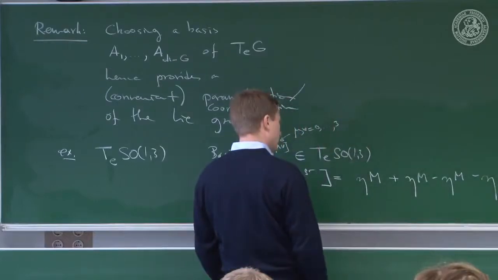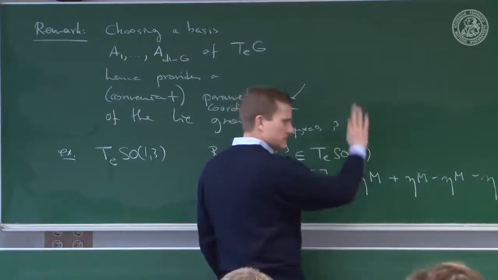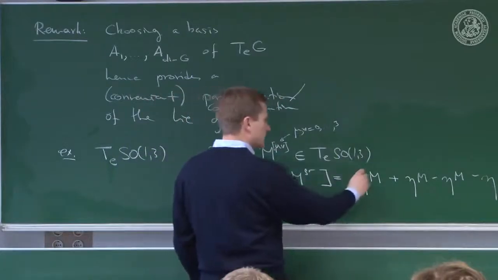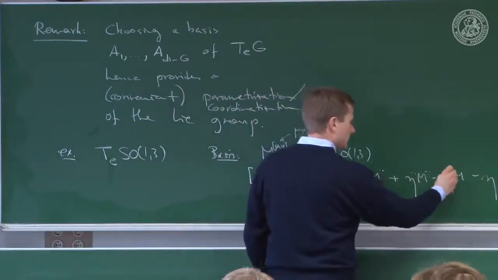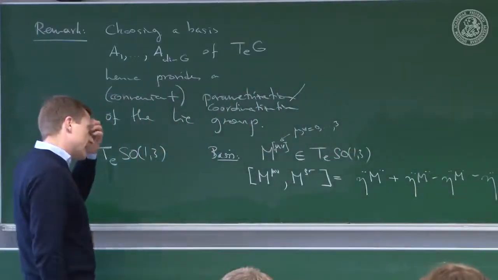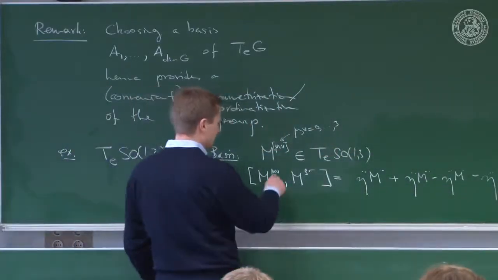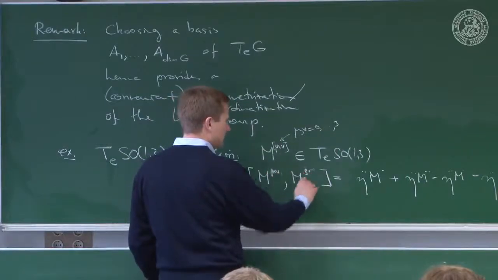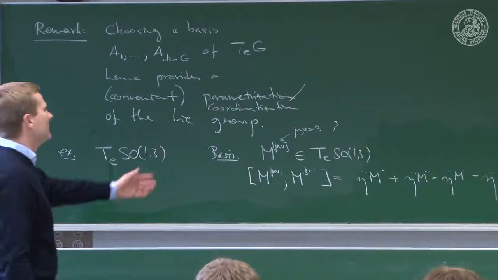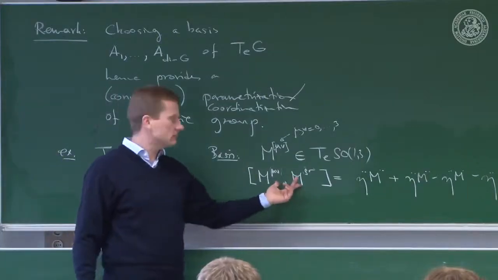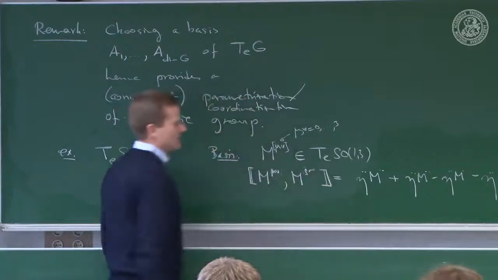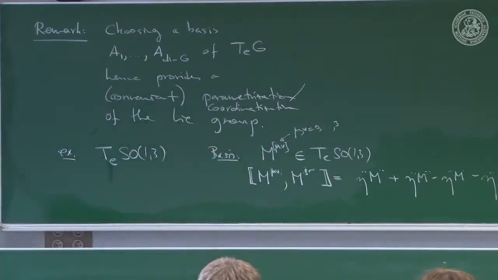And the η is the Minkowski metric, and the only thing you need to do, you need to distribute the indices correctly here. And of course, you can calculate this from first principles. So let's say this. So these are antisymmetric. So, well, you figure it out. Okay, so you look it up. So that's the Lorentz algebra, right? Oh, maybe our notation, we should write it somehow like this. Okay, it's the Lorentz algebra.